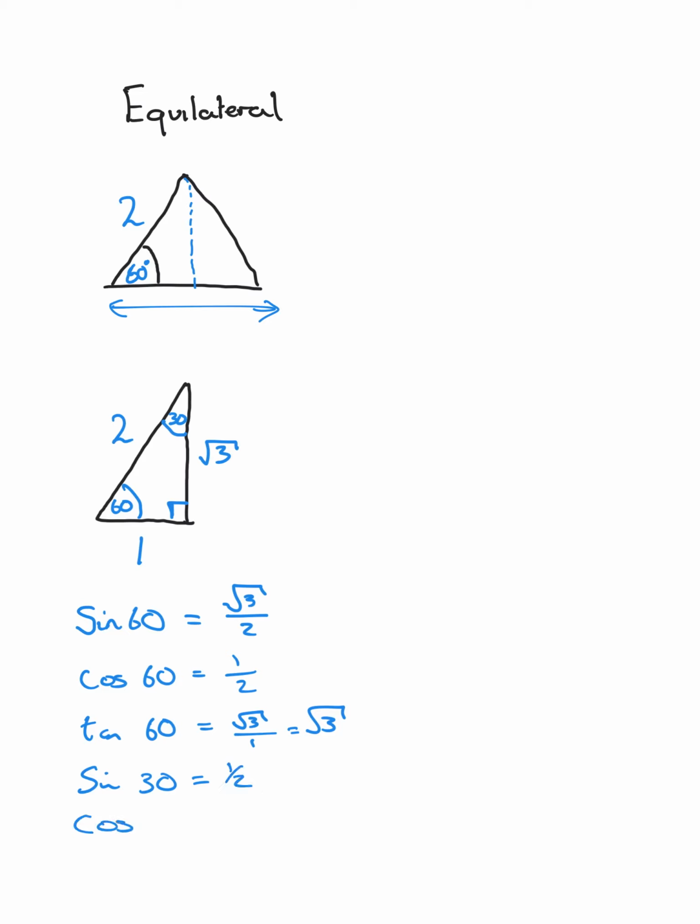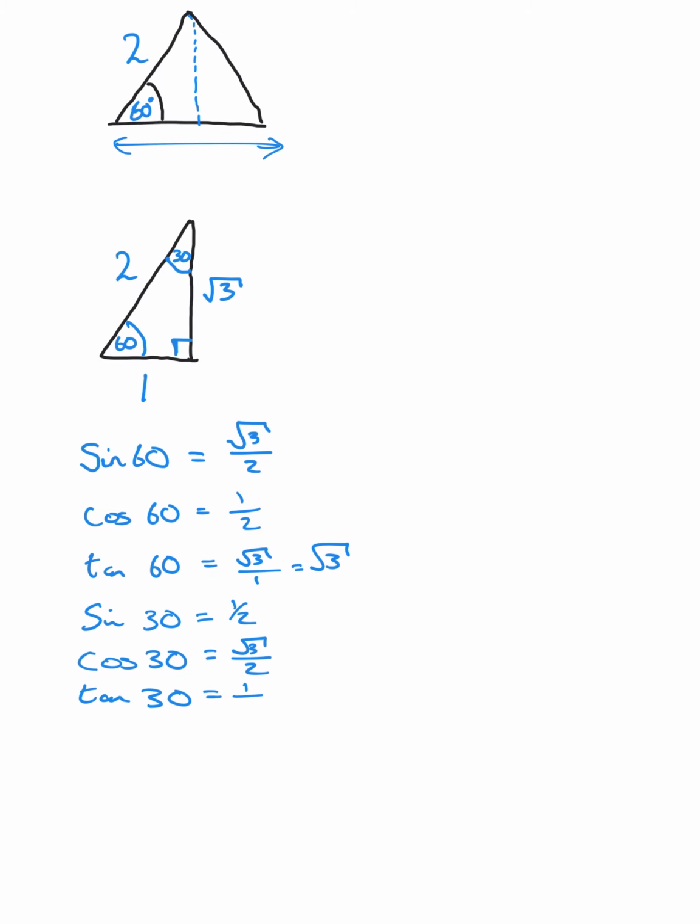The cosine of 30 equals the adjacent over the hypotenuse, root 3 over 2. And the tangent, the tan at 30 is equal to opposite over adjacent, 1 over root 3, which we can rationalise to be root 3 over 3.